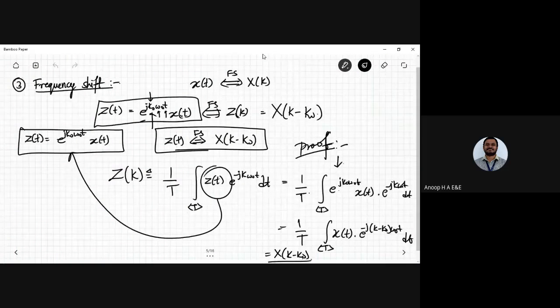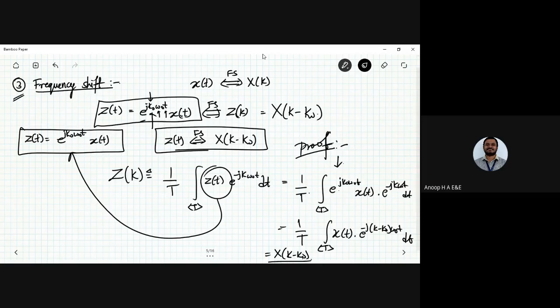Okay, so next what do I have here? I have the frequency shift. One thing we discussed in the previous one was the time shifting. The third property that we are going to discuss is the frequency shift, which is z of t equal to e power j into k naught into omega naught into t into x of t.